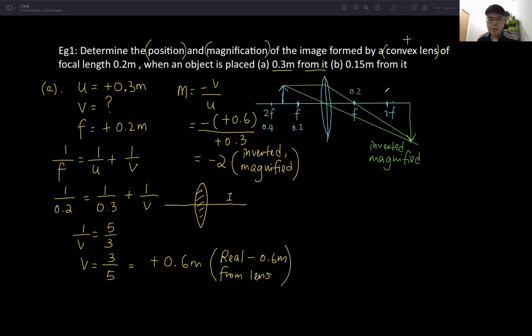This is 0.2, this is 0.4. If you're doing this graphically, you can measure the length over here and get a distance from the lens. You can even measure the magnification. You measure the height of the object, you measure the height of the image, you divide it, you get the magnification. You will arrive at the same result as if you use the calculation. Which one is easier? Up to you. You can use calculation, you can use graphical.